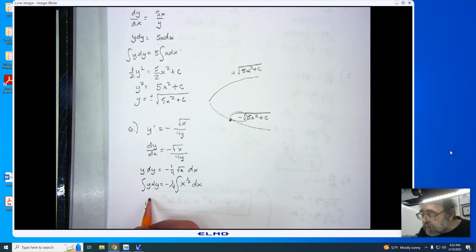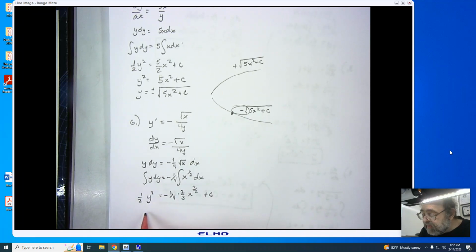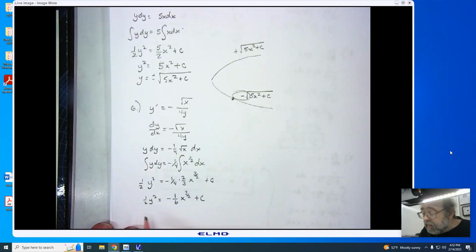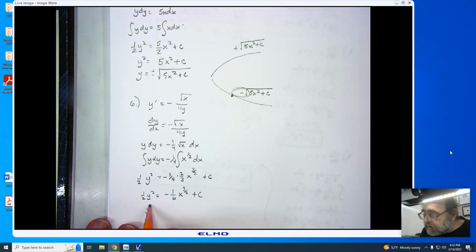This gives me 1/2 y squared equaling negative 1/4 times 2/3 x to the 3/2 power plus c, and this is giving me 1/2 y squared equaling negative 1/6 x to the 3/2 power plus c. Multiplying both sides by 2, y squared equals negative 1/3 x to the 3/2 power plus c.